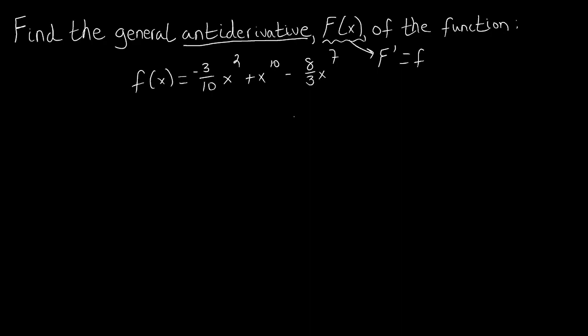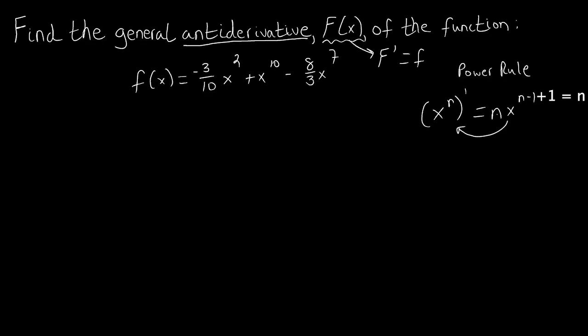Normally with the power rule, if we were to take the derivative of something like x to the n, we would bring this power down and then subtract 1 from the power. This would be the power rule for differentiation. Now we're going to think about this in the opposite way. That entails increasing the power by 1, so this will go back to being n.